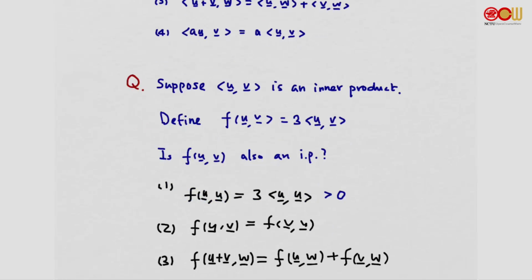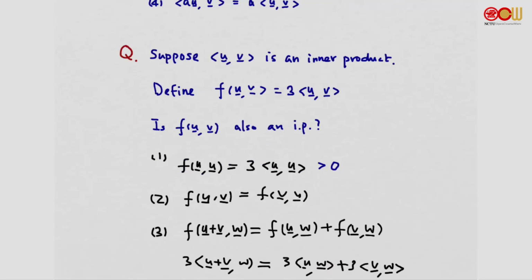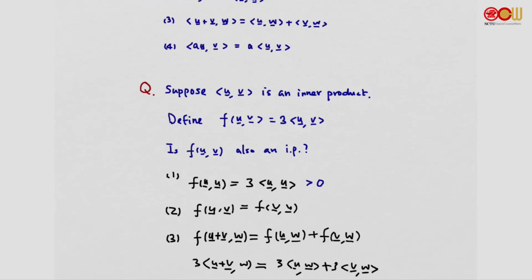We also need to verify whether it satisfies the third property: is f(u plus v, w) the same as f(u, w) plus f(v, w)? The left-hand side is 3 times the inner product of u plus v with w. And the right-hand side is 3 times ⟨u, w⟩ plus 3 times ⟨v, w⟩.